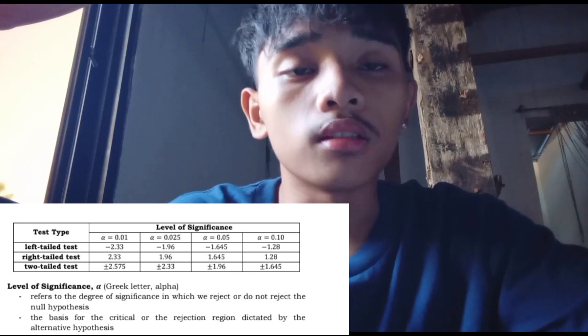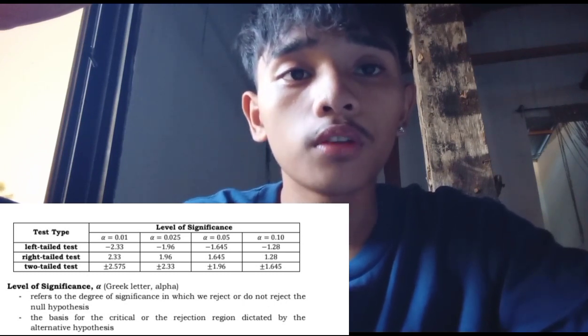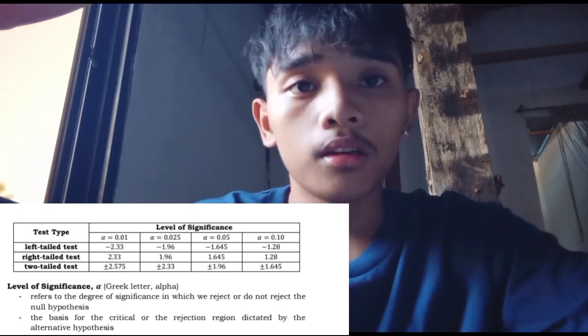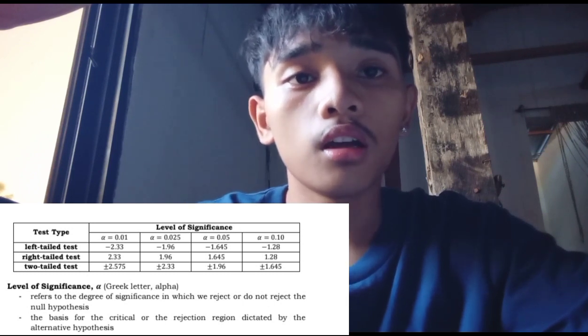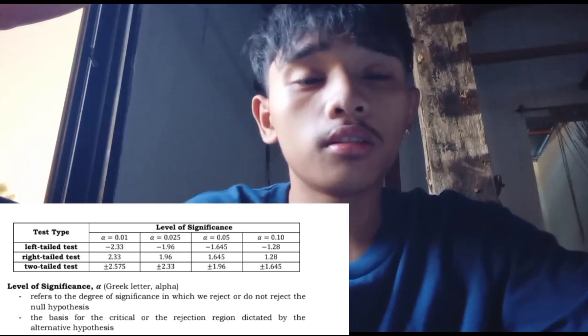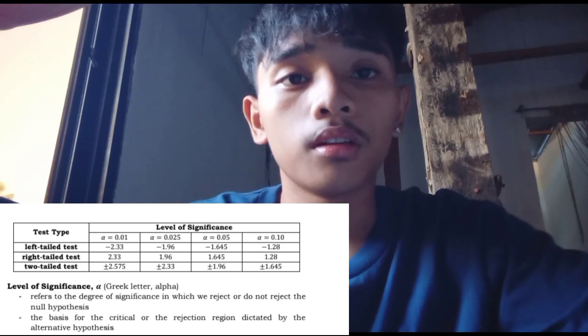Level of significance, alpha, refers to the degree of significance at which we reject or do not reject the null hypothesis. It is the basis for the critical or rejection region, dictated by the alternative hypothesis.